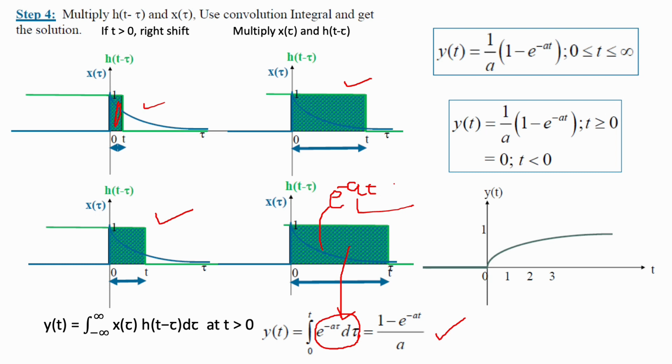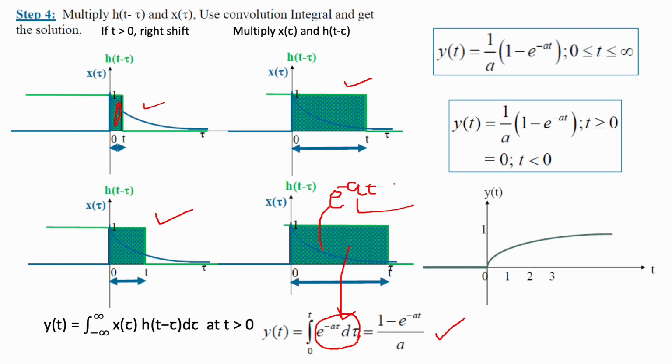Now y of t is equal to, if it goes till infinity, this concept remains the same. So the final answer is y of t equal to 1 by a, 1 minus e power minus at. The limit is 0 to infinity, for full positive values.